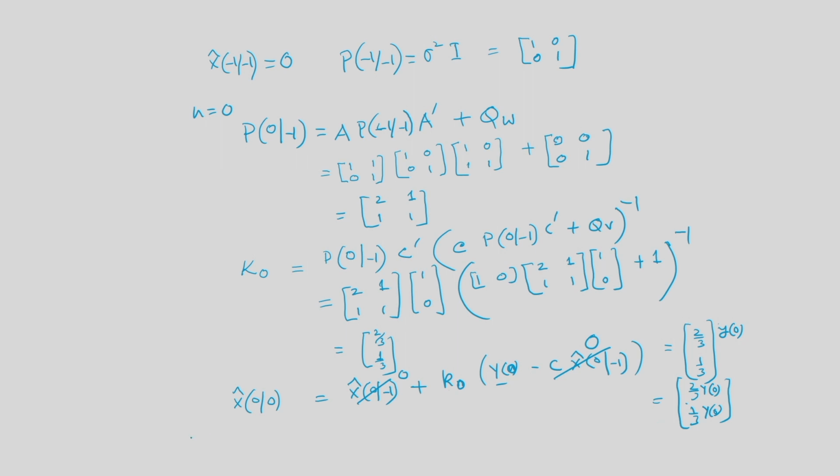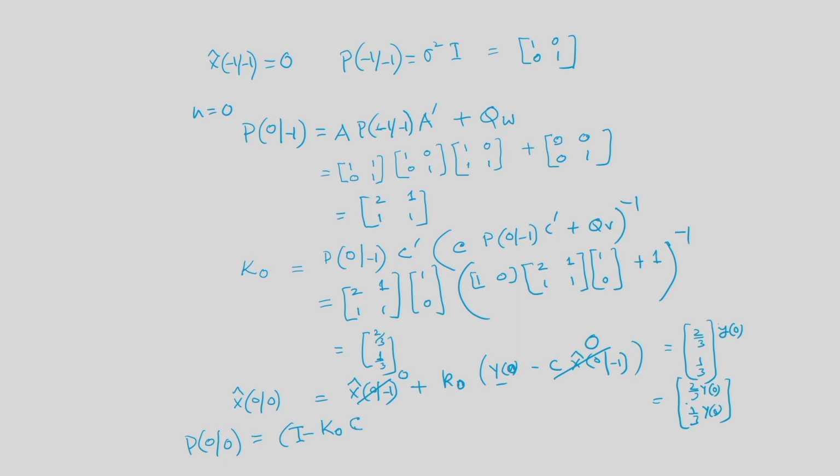Now, we can calculate P of 0 given 0, and that will be equal to I minus K0 C, into P of 0 given minus 1, where I is a 2 by 2 identity matrix and K0 is the Kalman gain matrix.